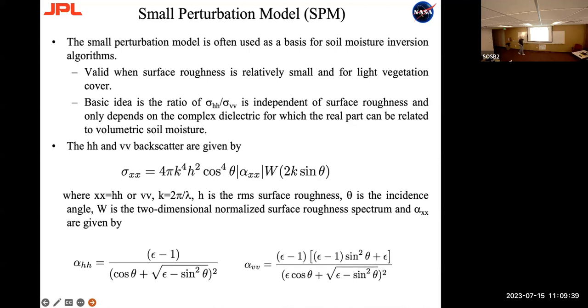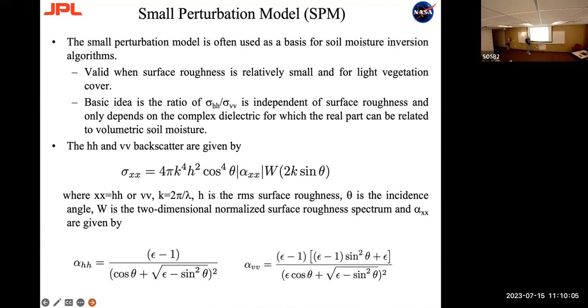The good news is that this backscatter level depends upon the roughness and the dielectric, which depends on the moisture. And if you look at the formulas, you see that all the roughness parameters are the same for HH and VV, and the parameter that will be different is alpha.